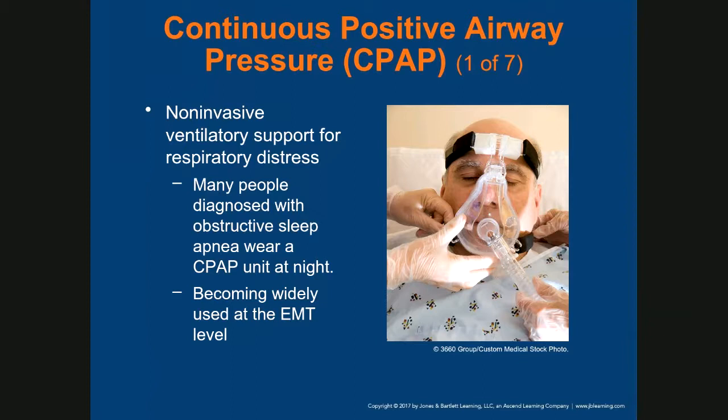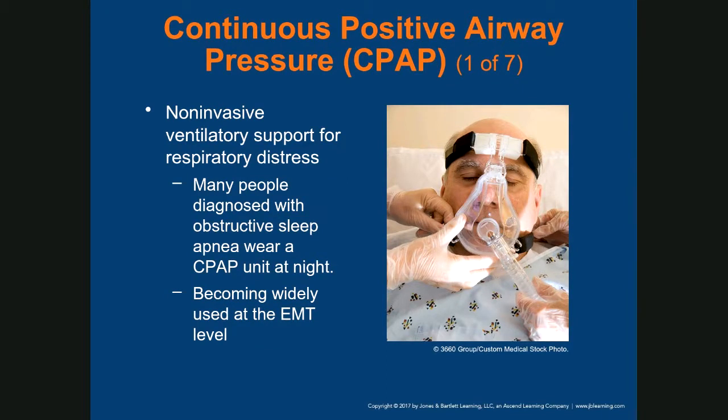Then you have your CPAP. I mentioned this earlier. It is indicated for patients with fluid in the lungs. It is also used by patients that have trouble sleeping, or sleep apnea, where they basically stop breathing when they're sleeping, right? So they have to sleep with a machine. What it does is create a pressure inside the lungs to keep the alveoli open so that gas exchange can occur.